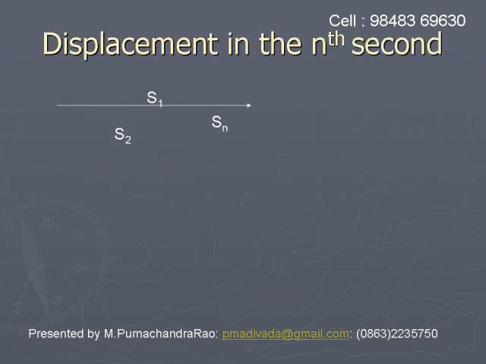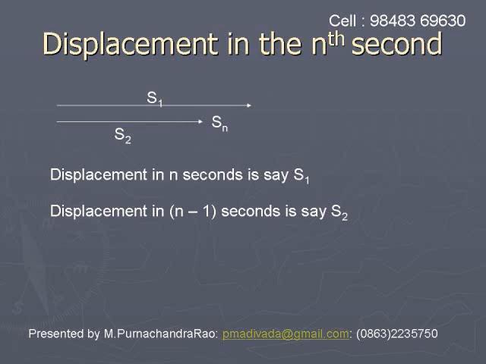Displacement in the nth second. To have a concept of this displacement, let us see the figure. Here I have drawn 3 arrows. The first one is S1, that is the displacement in n seconds. Underneath it there is S2, which gives the displacement in n minus 1 seconds.